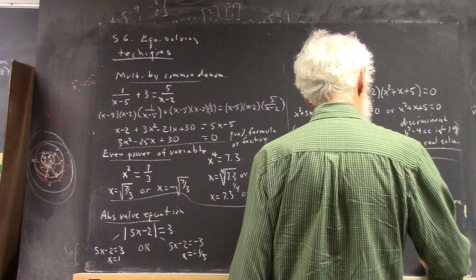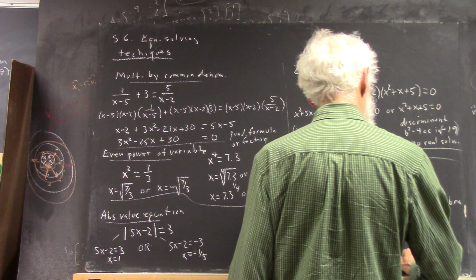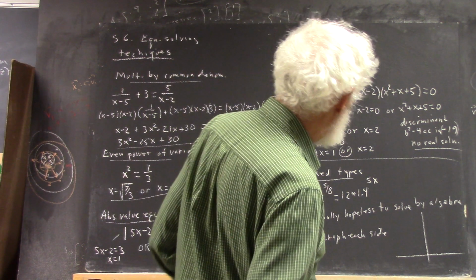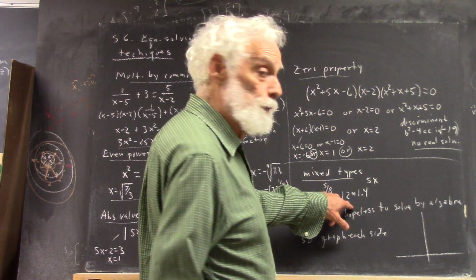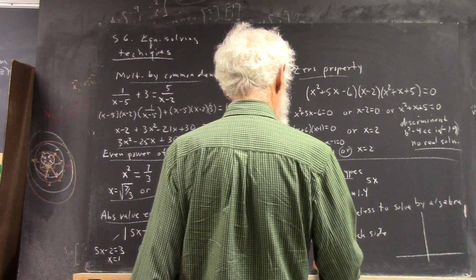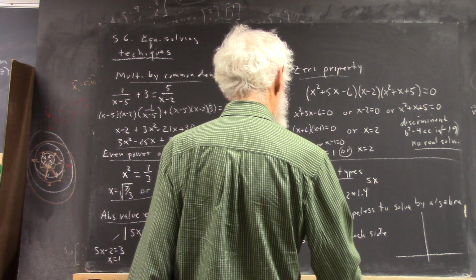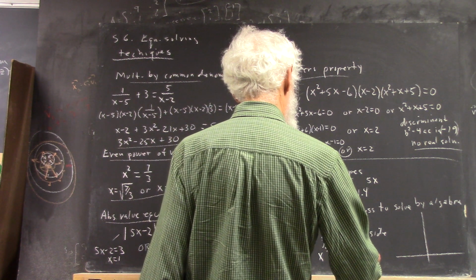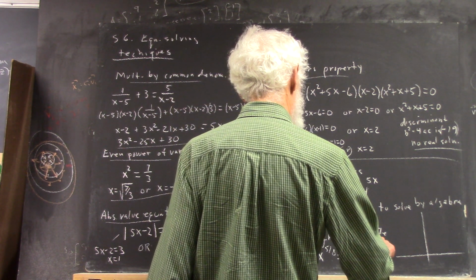Okay? So now I would first divide both sides by 3, so I'd have x to the 5/8 equals 4 times 1.4 to the 5x.